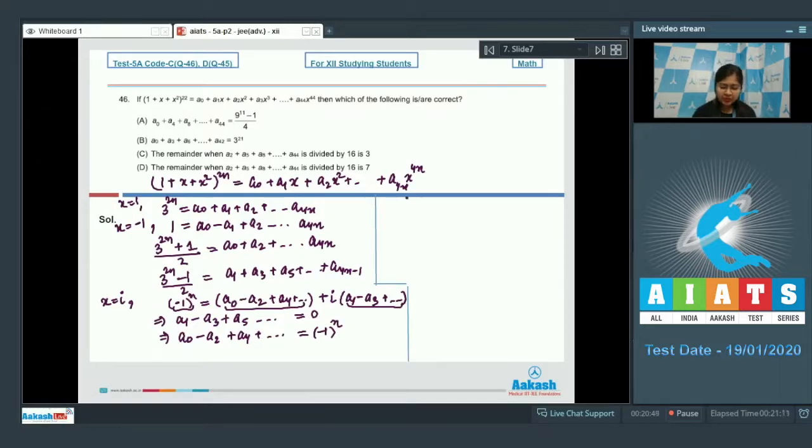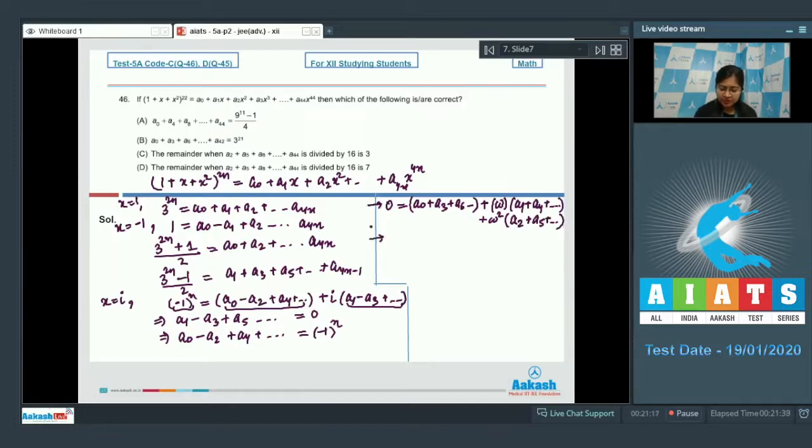So we will get 1 plus omega square, that is 0, equal to A0 plus A3 plus A6 and so on, plus omega times A1 plus A4 and so on, plus omega square times A2 plus A5 and so on.